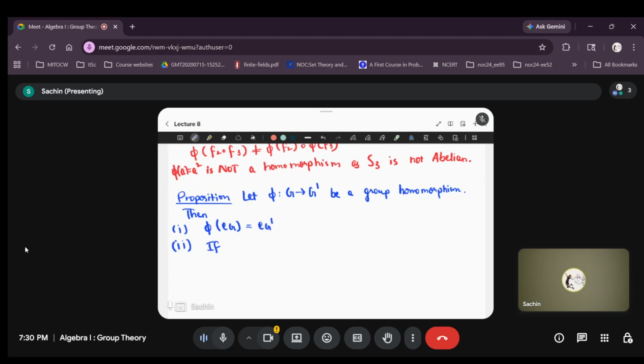And if A is an element of G, then the image of the inverse of A must be the inverse of the image of A. Can you prove this?